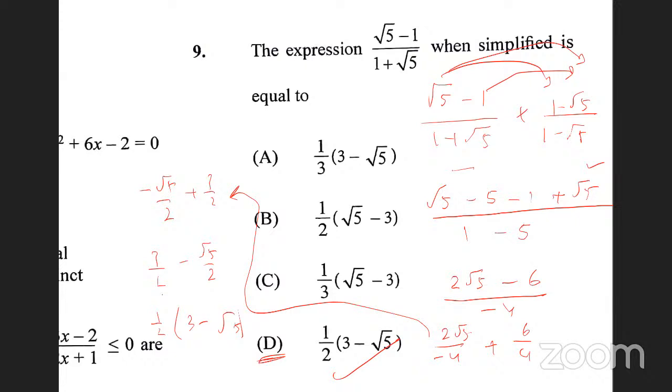When you put it in the calculator, what's it got? 3 minus root 5 on 2. But you have to multiply it out and then put it in the form, right? Yeah, 3 on 2.